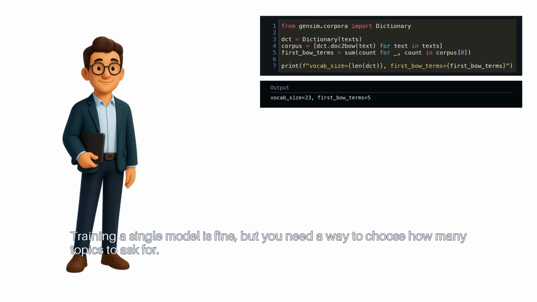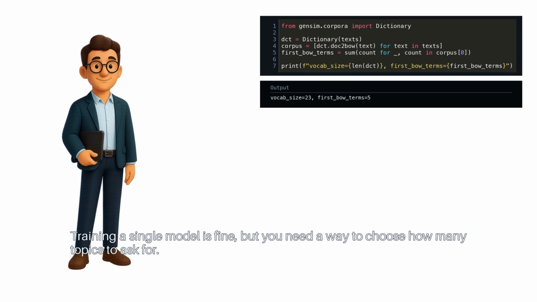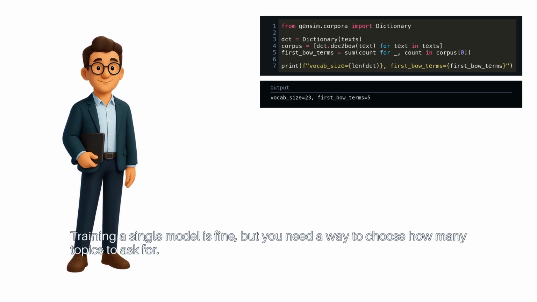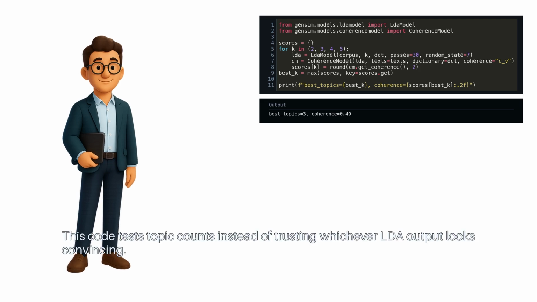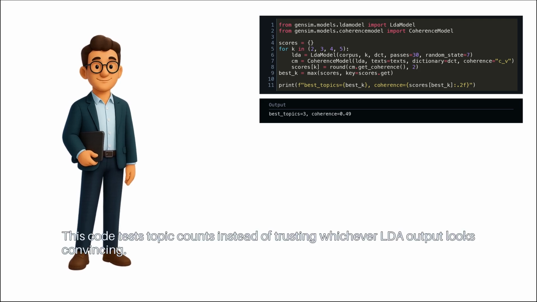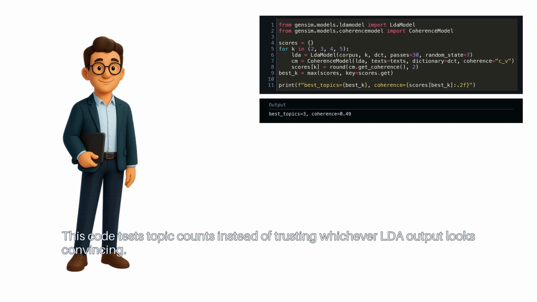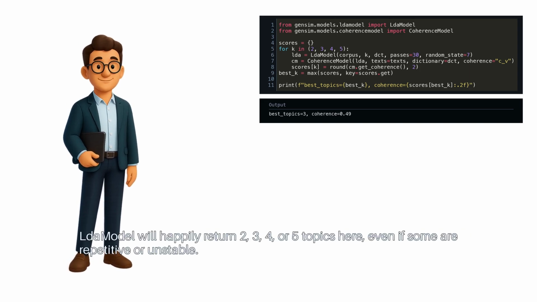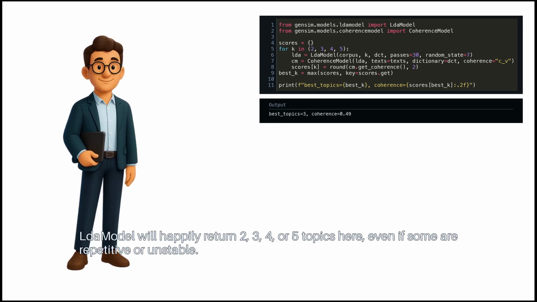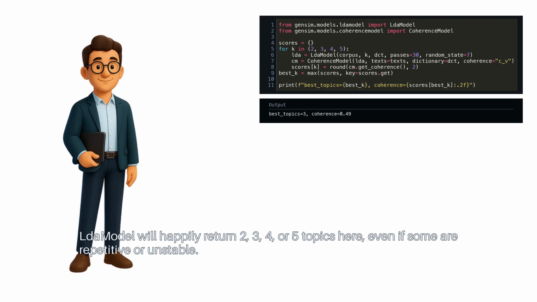Training a single model is fine, but you need a way to choose how many topics to ask for. This code tests topic counts instead of trusting whichever LDA output looks convincing. LdaModel will happily return 2, 3, 4, or 5 topics here, even if some are repetitive or unstable.